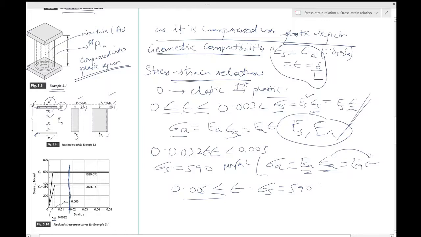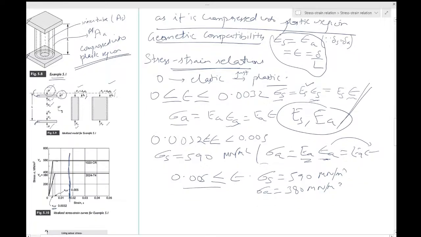In this case it will be 590 MN per meter square, and sigma a will also be the yield strength, that would be 380. Why is this happening? Because of the idealization which you have taken. So you have these three different ranges of strain, and you can easily find out what the stress values are.